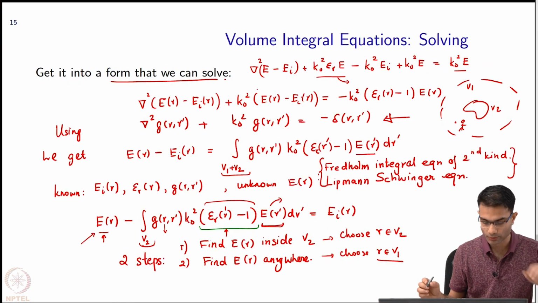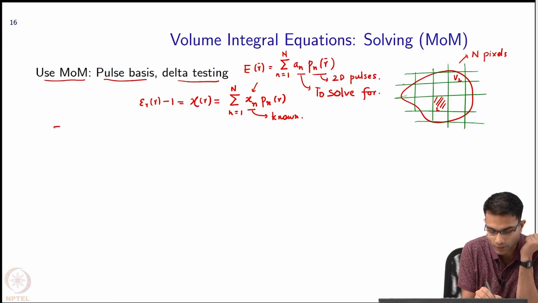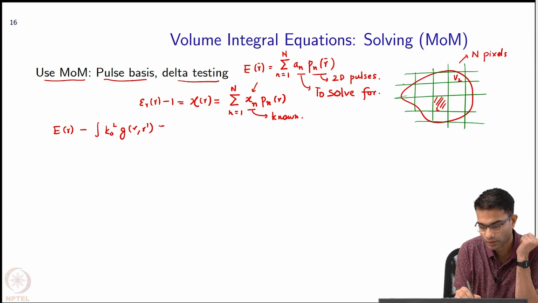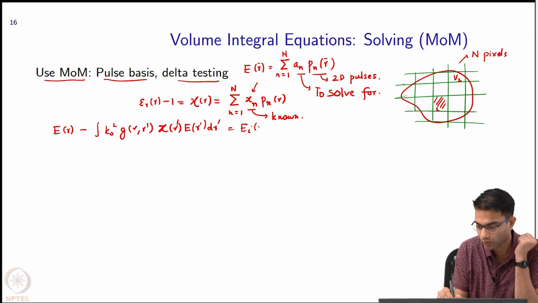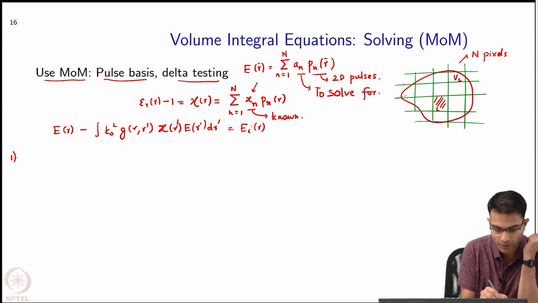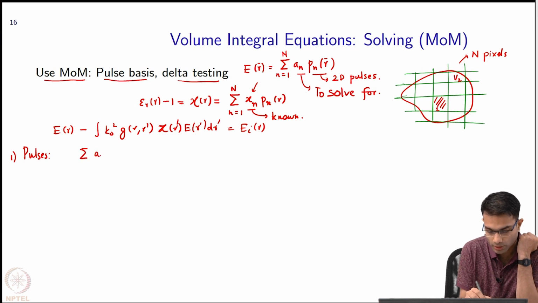So, let us just look at our equation once again. I had E(r) minus k_0 squared, integral of g(r, r prime) chi(r prime) E(r prime) dr prime, is equal to E^I(r). That was our equation. So, now the first step is to put the pulses in, right. So, this first term will become summation a_n P_n(r).